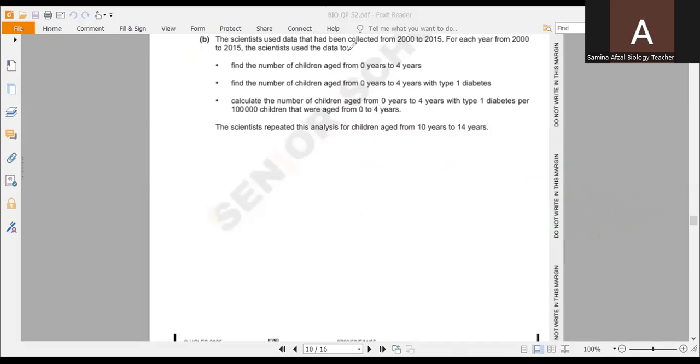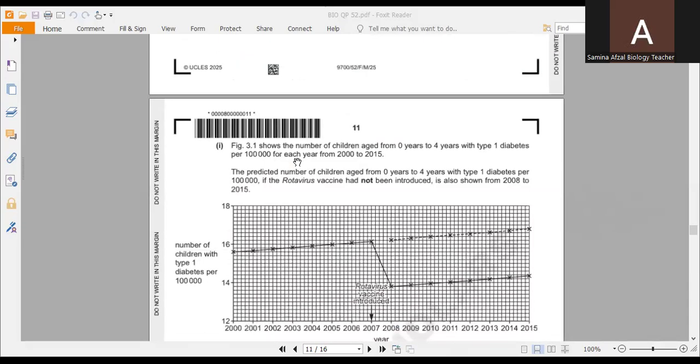The scientists used the data to find the number of children aged from 0 to 4 years with type 1 diabetes, and calculate the number of children aged from 0 to 4 years with type 1 diabetes per 100,000 children that were aged from 0 to 4 years. The scientists repeated this analysis for children aged from 10 to 14 years. So it can be a control experiment in this case.